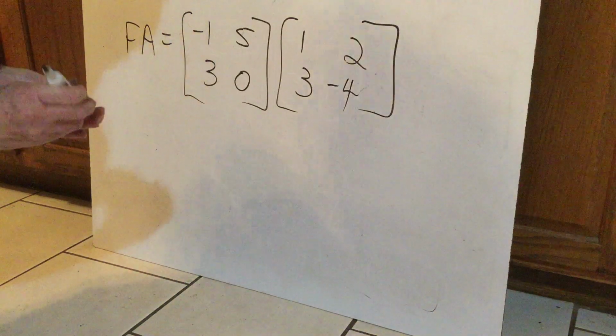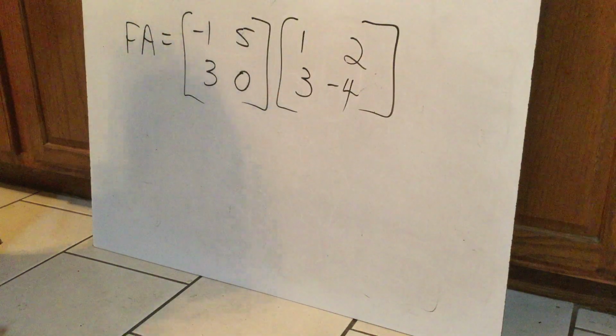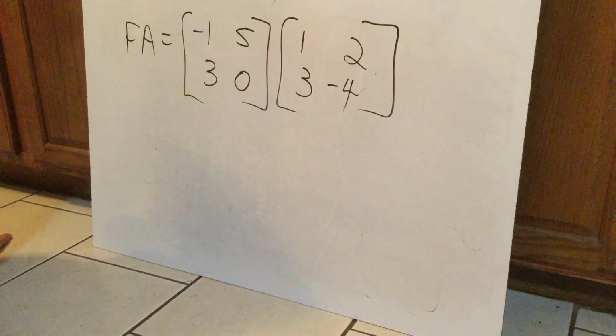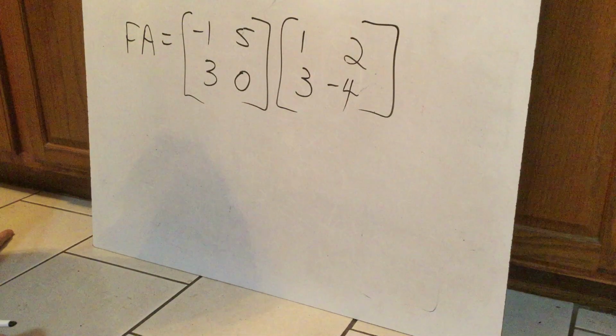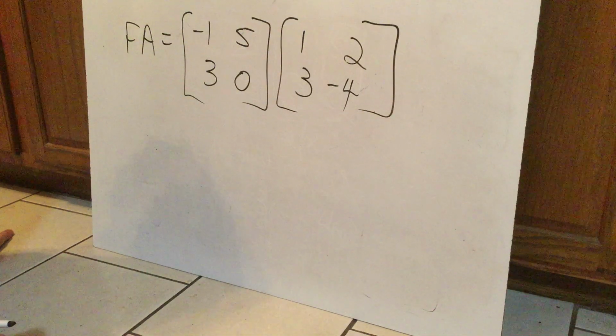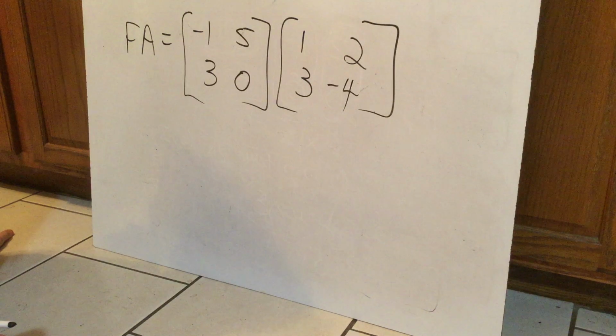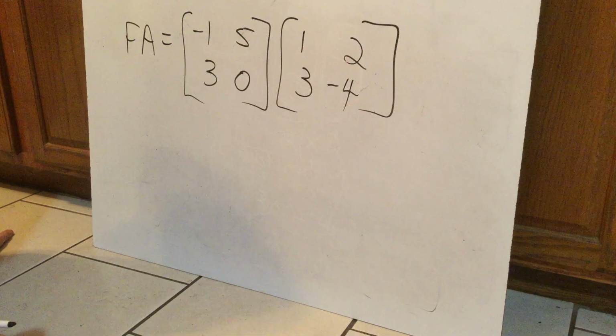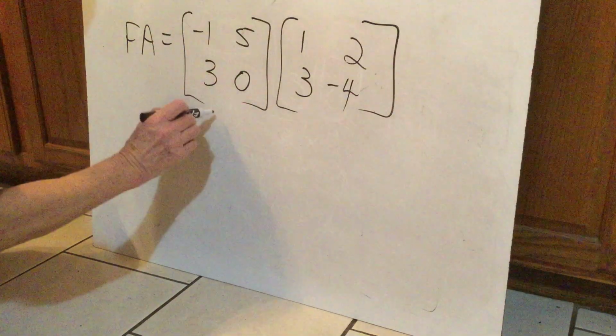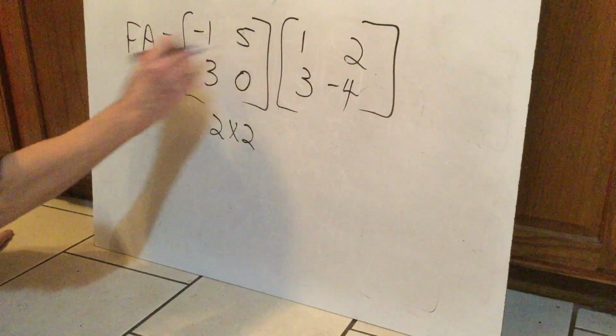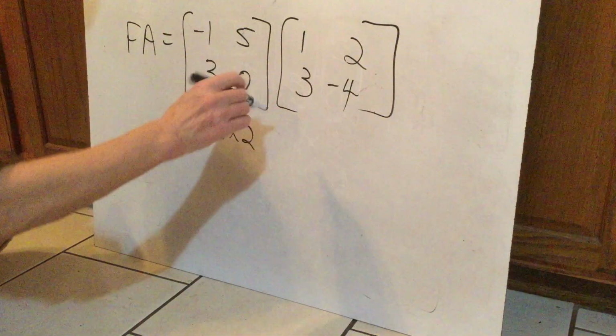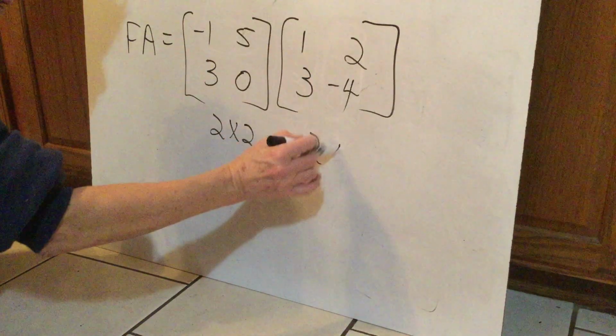So I'm going to go back through all the steps to remind you that when we are multiplying, we have to make sure that our dimensions are appropriate. They don't have to be the same. We remember what has to happen. This matrix is 2 by 2, 2 rows, 2 columns. This matrix, 2 rows, 2 columns.